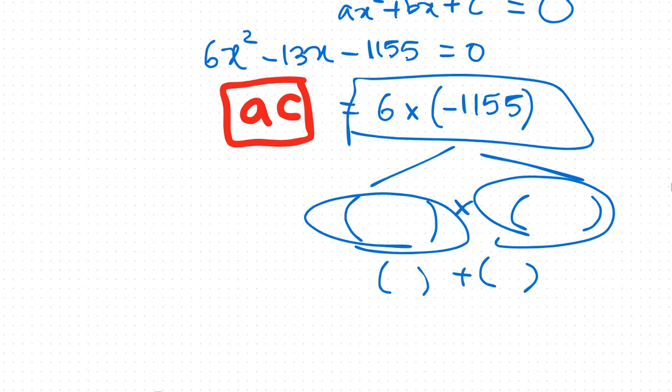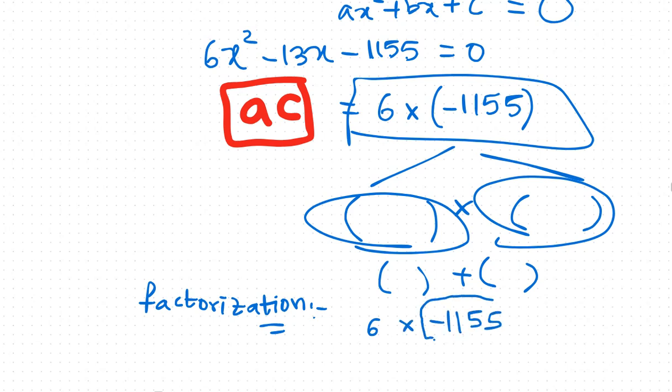So you have to do factorization. So 6 into negative 1155, right? This is divisible by what number? 5. So this is 6 into negative 5 into what?